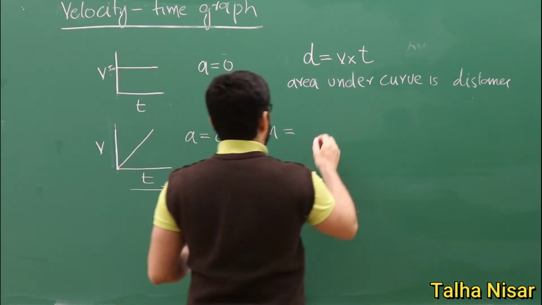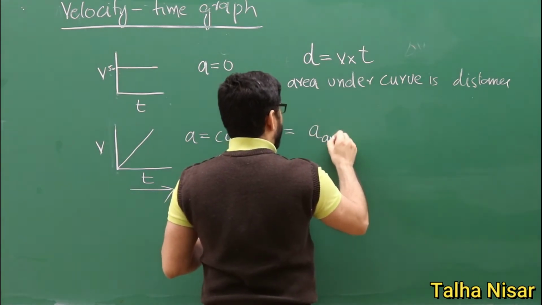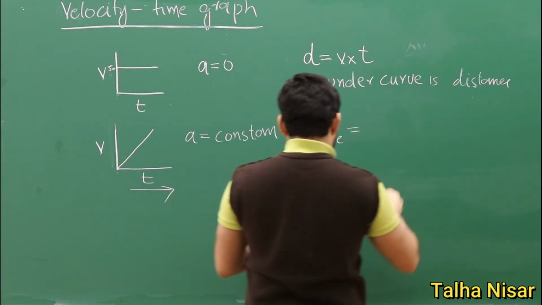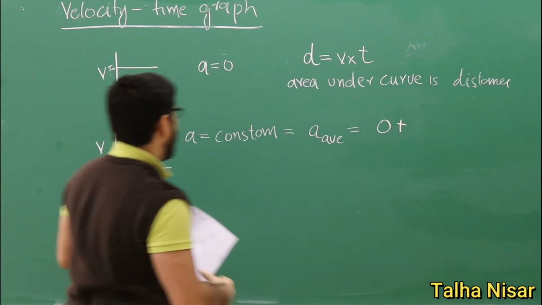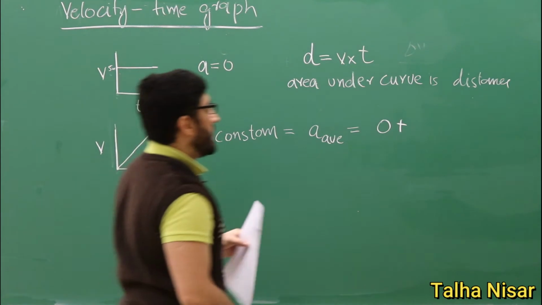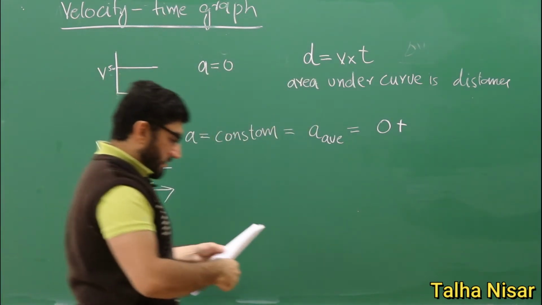The average velocity here is the initial velocity plus the final velocity, divided by 2. The initial velocity we can see here is 0, starting from 0.